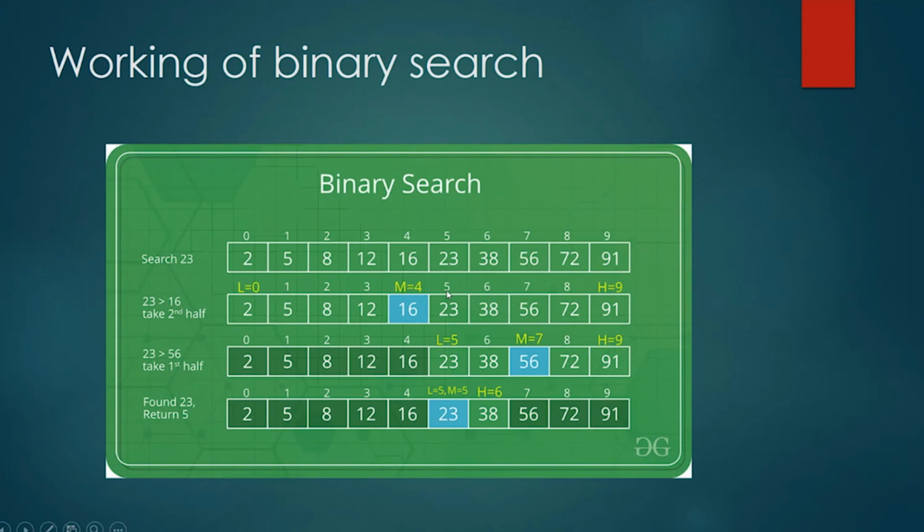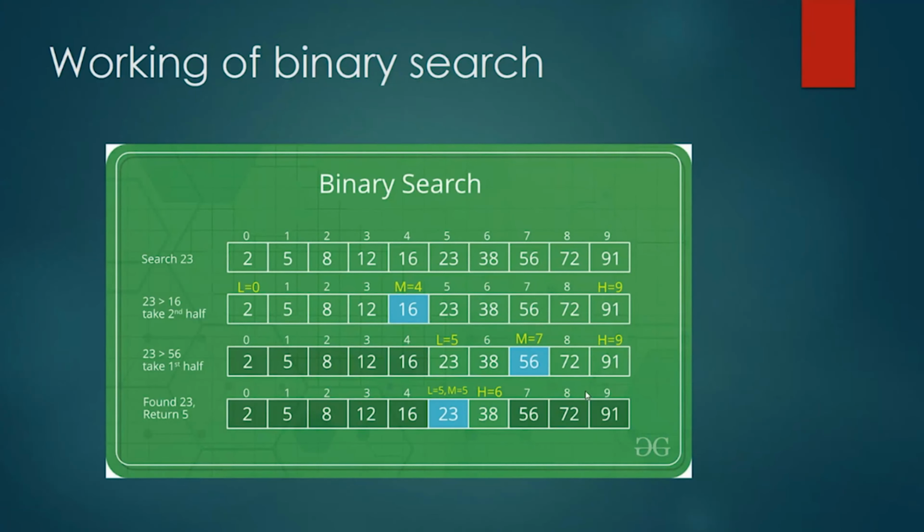So we have leftmost index 5, rightmost index 9. Again we will calculate the middle index: 9 plus 5 by 2, which is 14 by 2, so 7. We will compare the element at index 7 with 23. 56 is greater than 23.